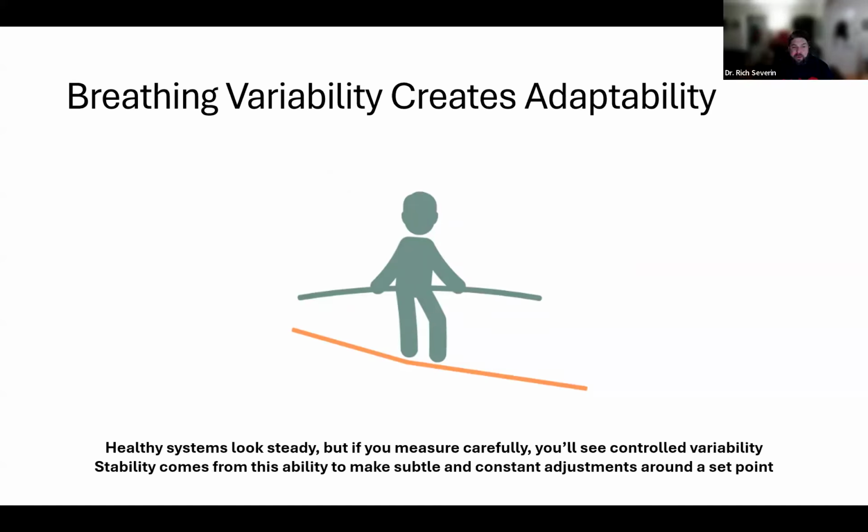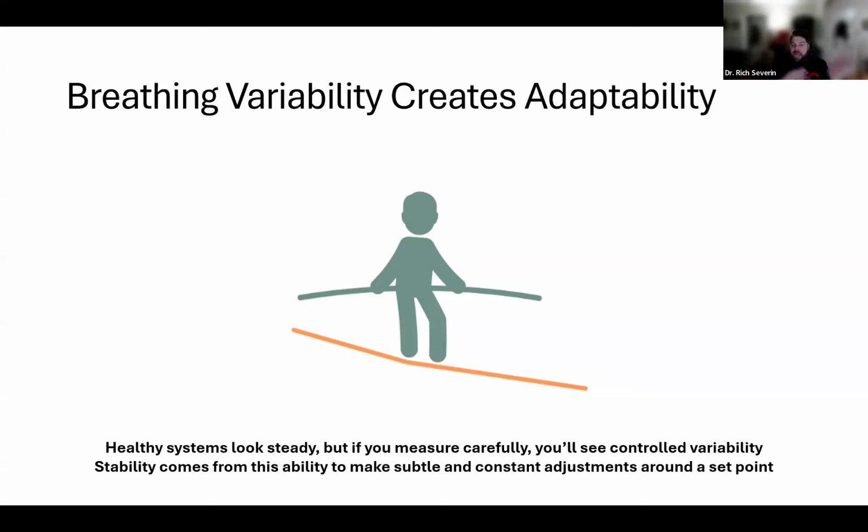Someone moving across a tightrope may look completely rock solid, not moving, but very small micro adjustments are constantly occurring. And that stability comes from the ability to make those small constant adjustments around a physiological set point. That example would be breathing. So good balance isn't about perfectly standing still. It's about making small, healthy adjustments.